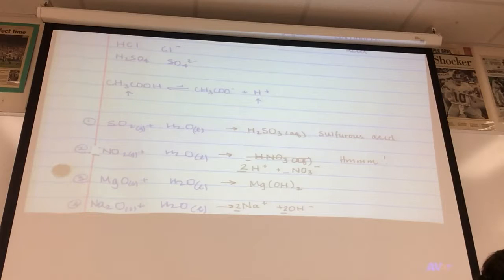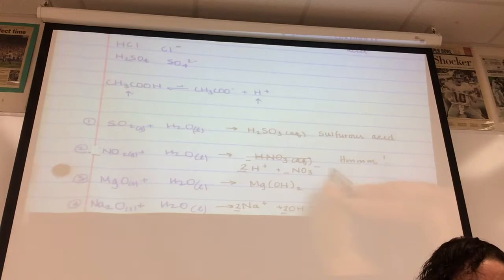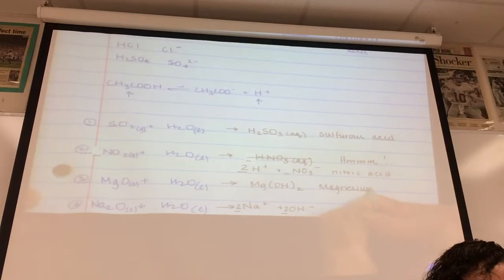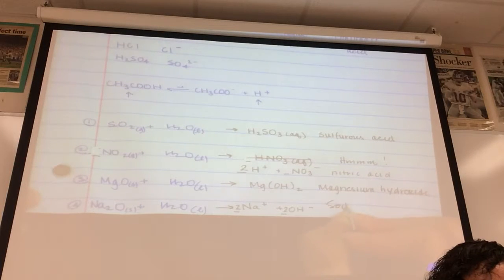All right. Can you write the names of the other acids? There are no other acids. Nitric acid. This is a base. She was trying to spell base with M-A-C. Wow. And this is sodium hydroxide.